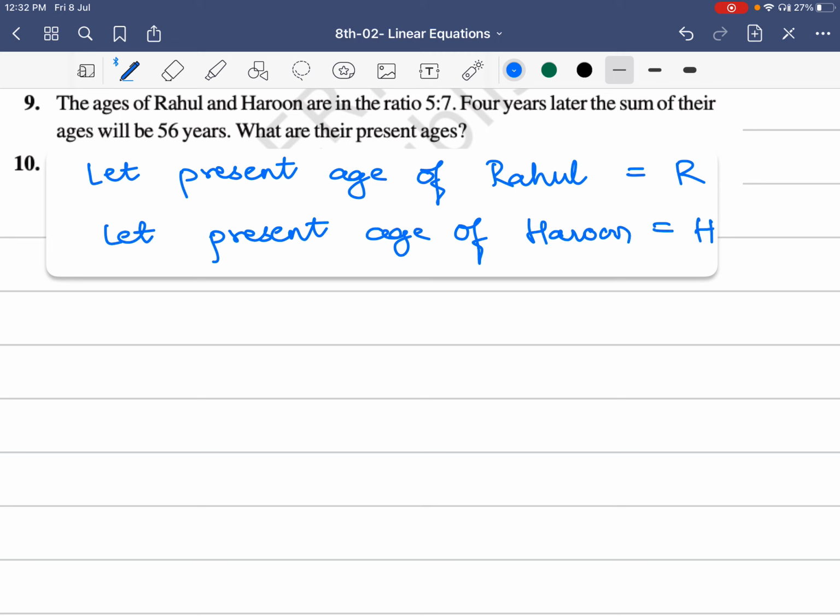So these are the two unknown variables. Instead of using X and Y and Z every time, you can use any unknown variable from the list of alphabets. So we have used R as the present age of Rahul and H as the present age of Harun.